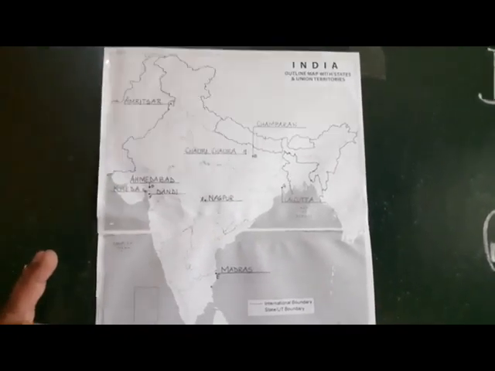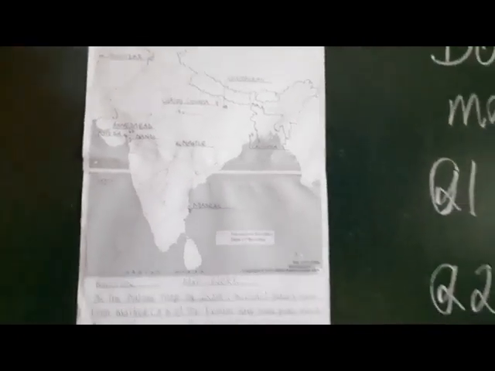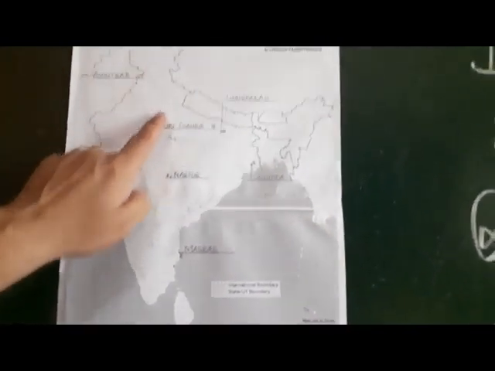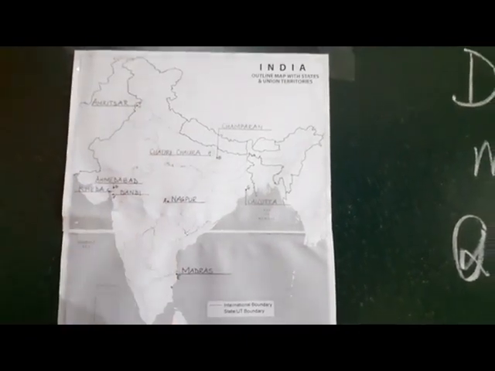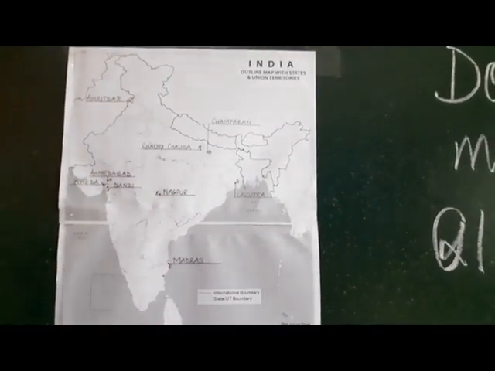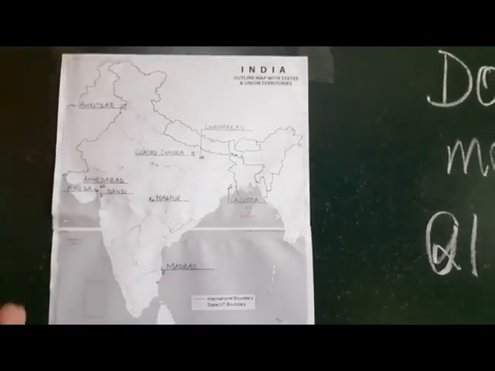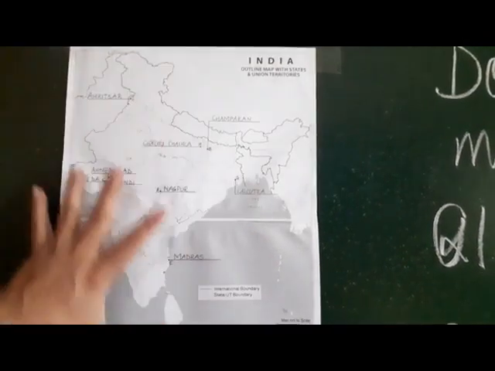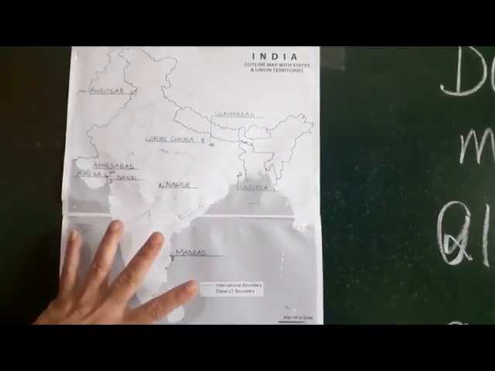Remember that. Okay? Now, to give you a little more information, basically we deal with 2 kinds of maps. One is physical, one is political. In a political map, you will have all the state boundaries given to you, where you will have the name of the state and the capital. Right? In the physical map, you will find the physical features of India.